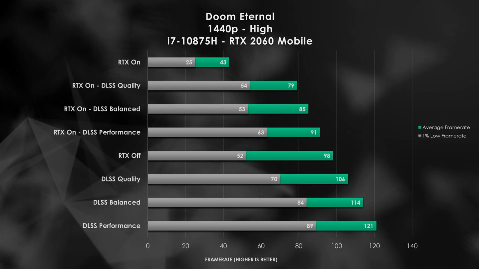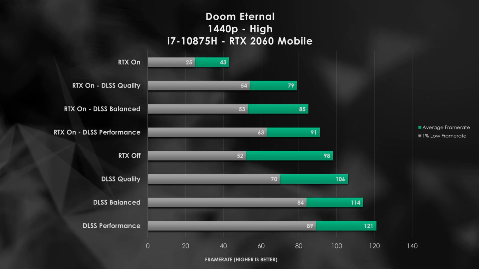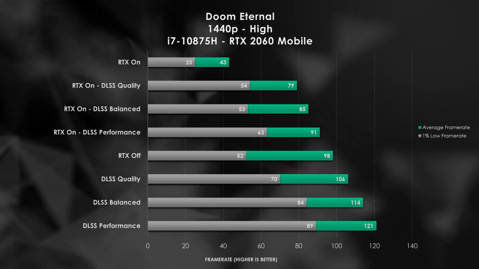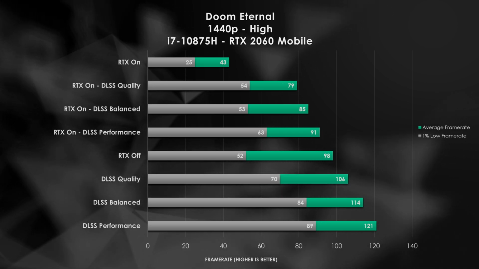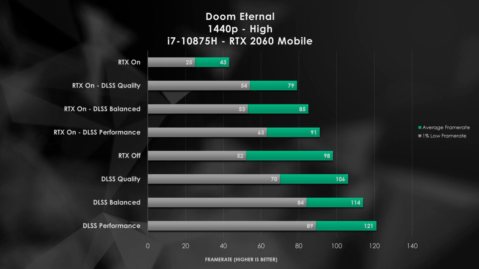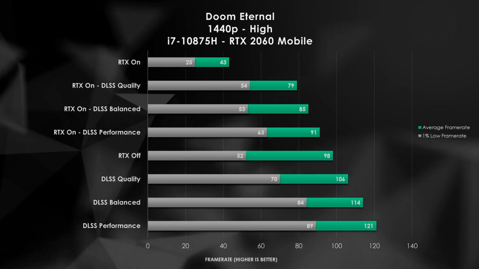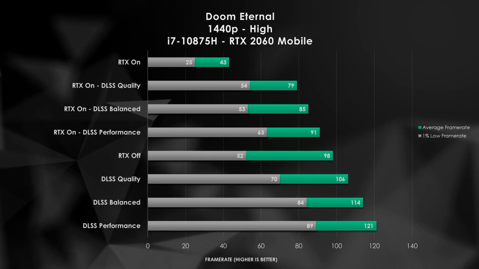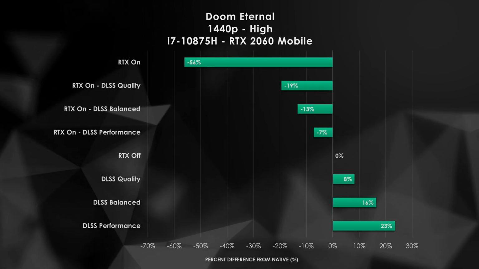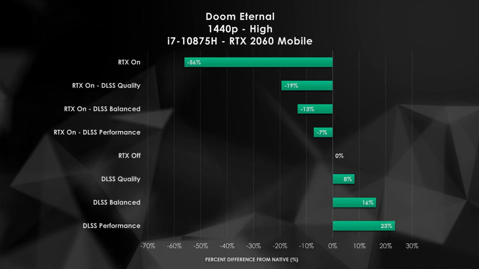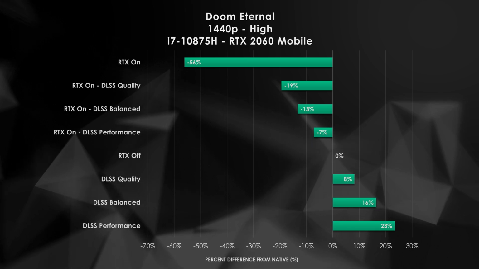Now, what I like to see here is that as we go up to DLSS quality modes, you can actually max out a 1440p 120Hz monitor with DLSS and performance mode, which is quite impressive for such a lowly equipped mobile GPU. And looking at the percent difference from native, we do see similar scaling as we saw with 1080p.